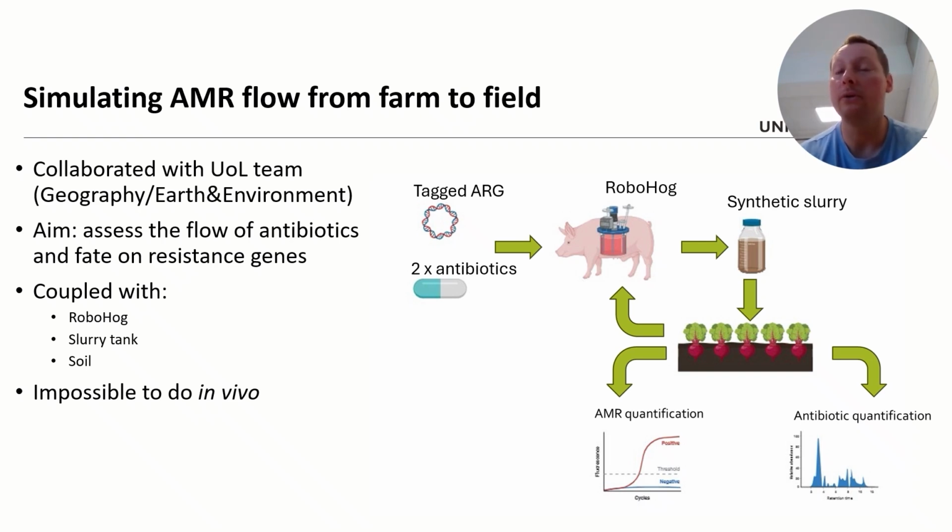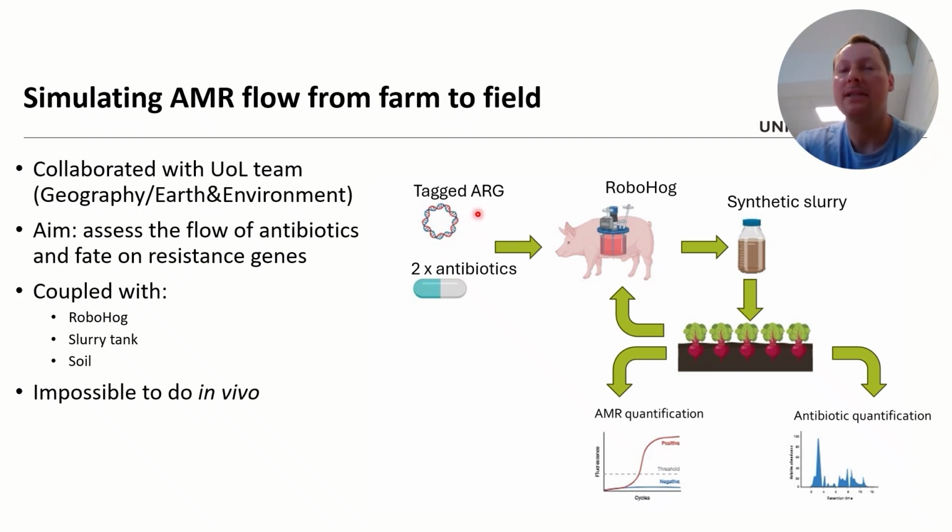But then also, if we grow crops, in this case radishes, in the soil, what happens to the antimicrobial resistance gene. And in each stage we did quantify the transmission of this antimicrobial resistance gene and the antibiotic quantification.